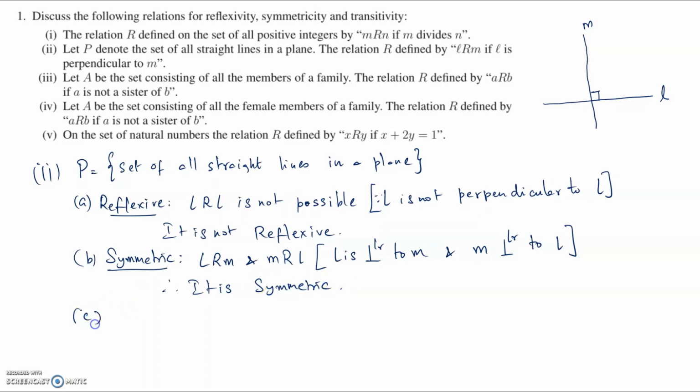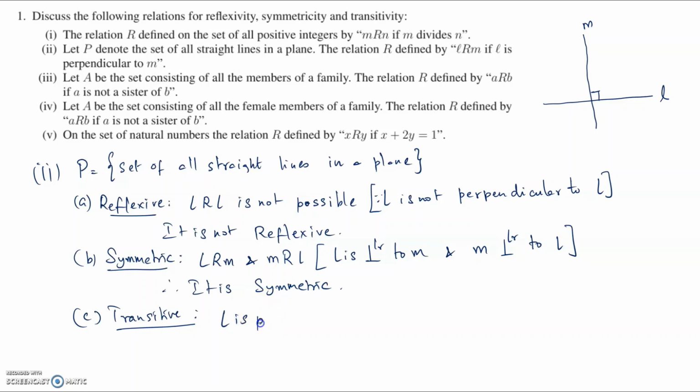Then let's look at the third criteria, which is transitive. Instead of writing this, let me write the relation.